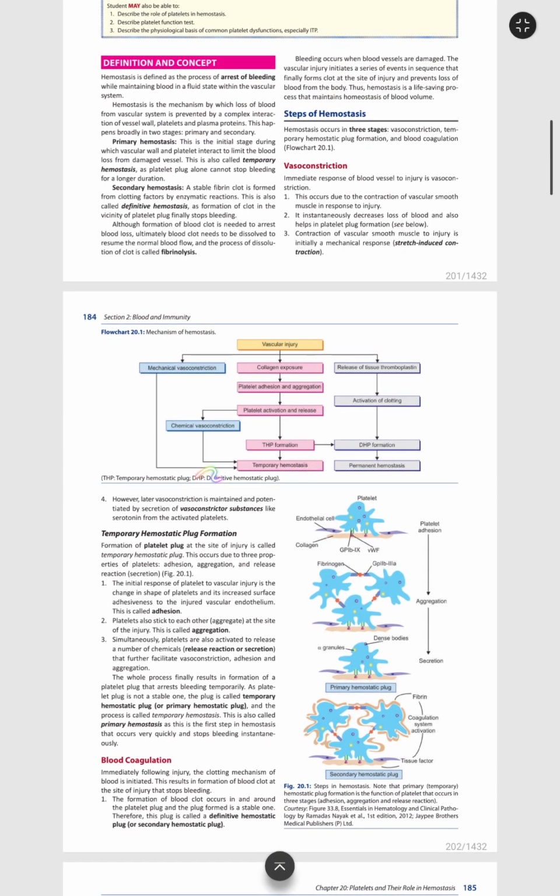Now, first comes vasoconstriction. Vasoconstriction is the immediate reaction of blood vessel to injury. This occurs due to contraction of the blood vessels and is initially a mechanical response, that is stretch-induced contraction.